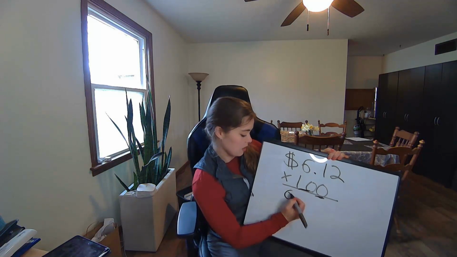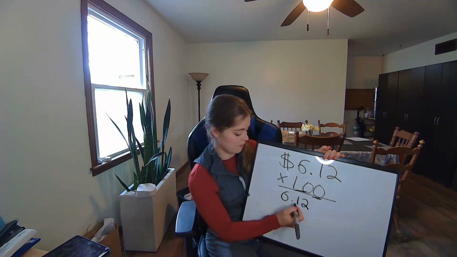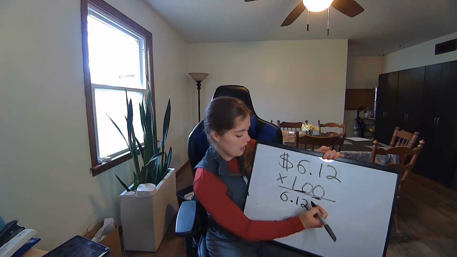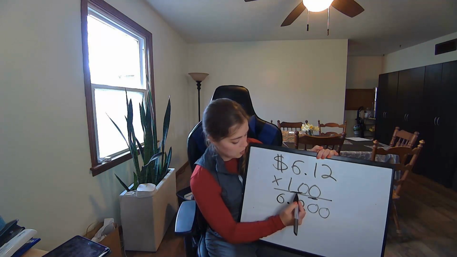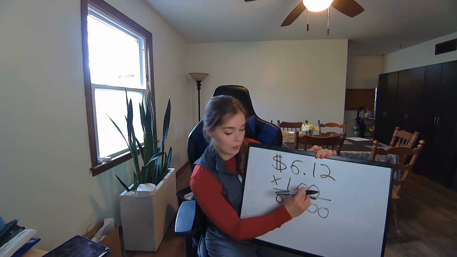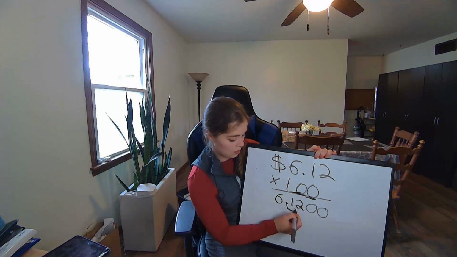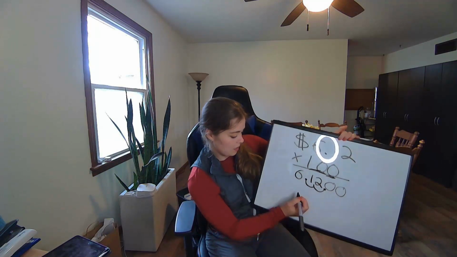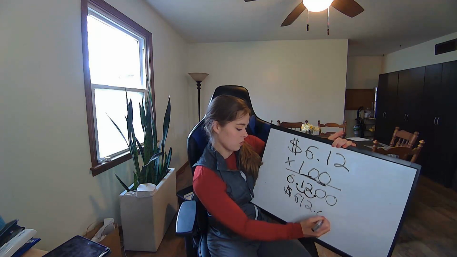So we have 612, which is really $6.12, right? So we can put the decimal point there. And then we're adding 2 zeros on. Now, when we're dealing with money, we have to move the decimal point over however many zeros we have. So we have 2 zeros. That means we're going to move the decimal 2 times to the right. 1, 2. So what's that going to be? It's going to be $612 with no cents.